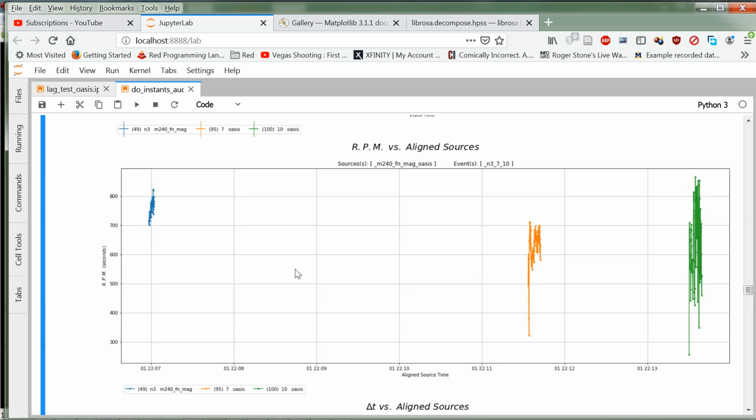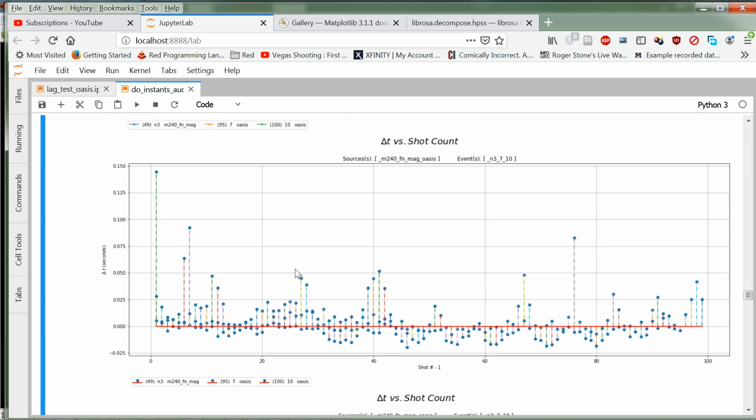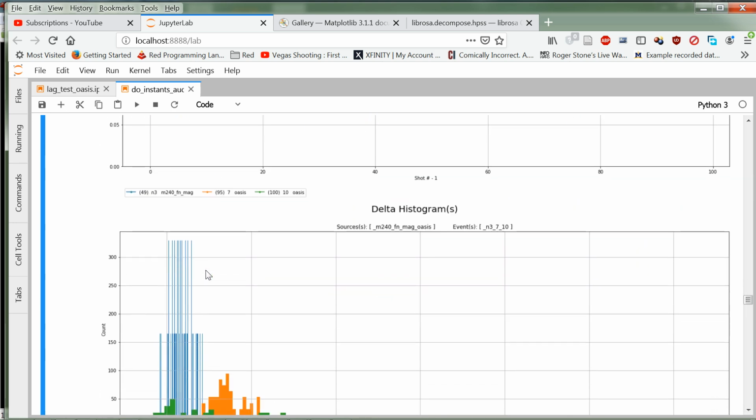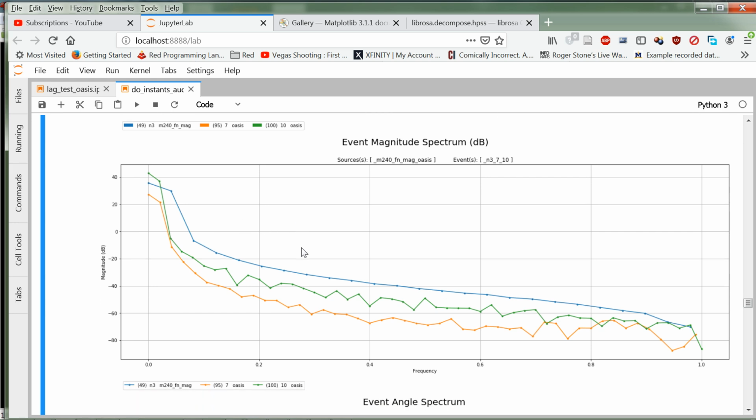Okay. Now we get into the little bit more esoteric. After we've done the standard, over time, over shot count, delta T, RPM, and the histograms for all those things, then we come into a little bit more esoteric ones. In this case, what it is is a magnitude spectrum.